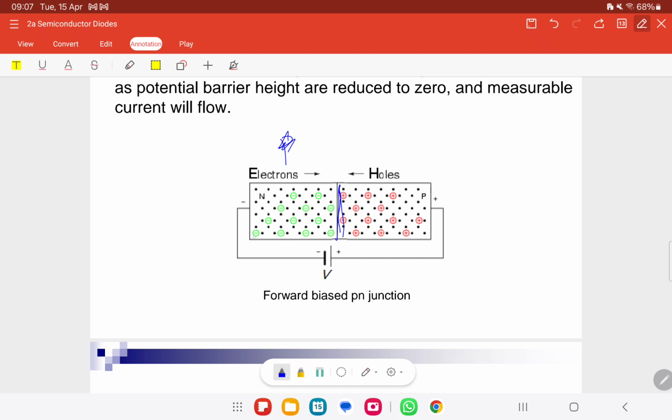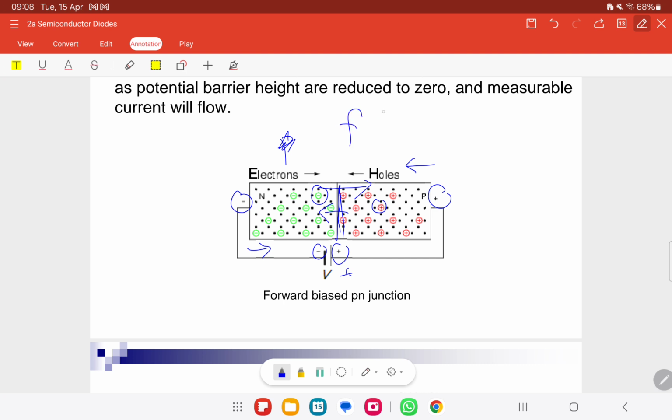So this one is the negative, so it will repel. Positive here and positive on this one also repel, and all the majority carriers will move to the center. They are more attracted to the negative on the other side. The positive, the red one, is attracted to the negative, and the negative is attracted to the positive here.